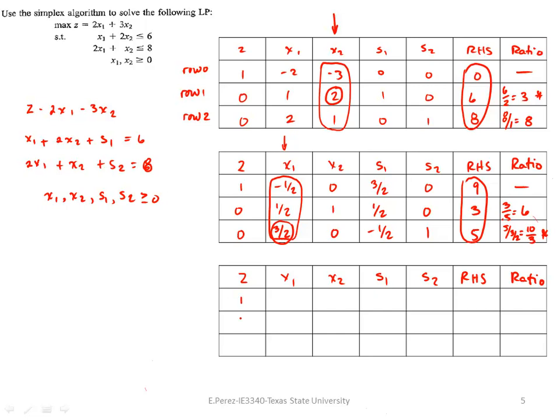And this is 1, 0, 0, 4/3, 2/3, 32/3; 0, 0, 1, 2/3, minus 1/3, 4/3; 0, 1, 0, minus 1/3, 2/3, 10/3. So what will be the next variable to enter?